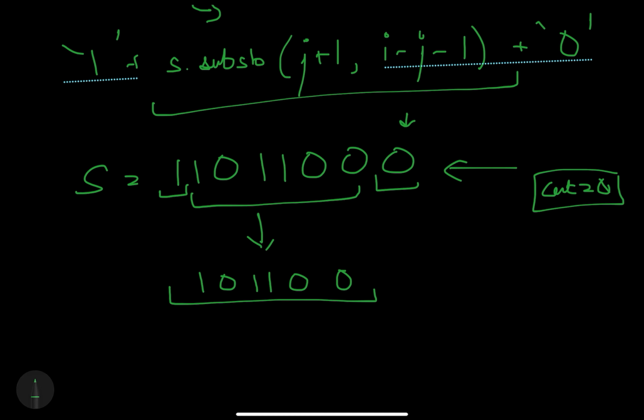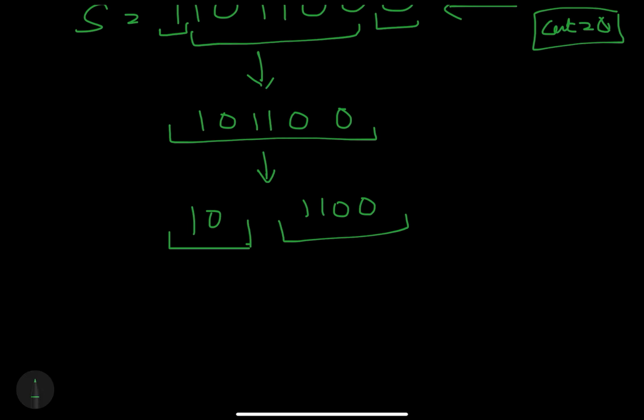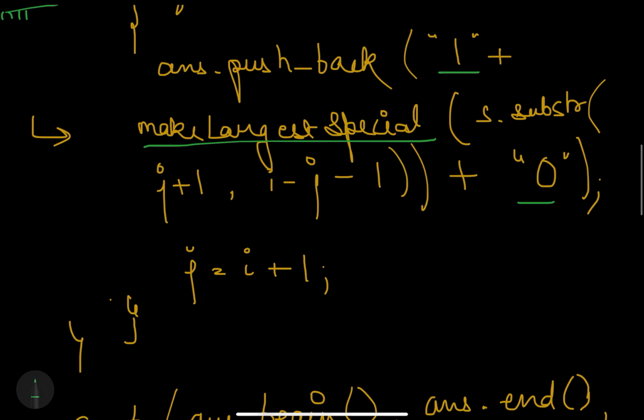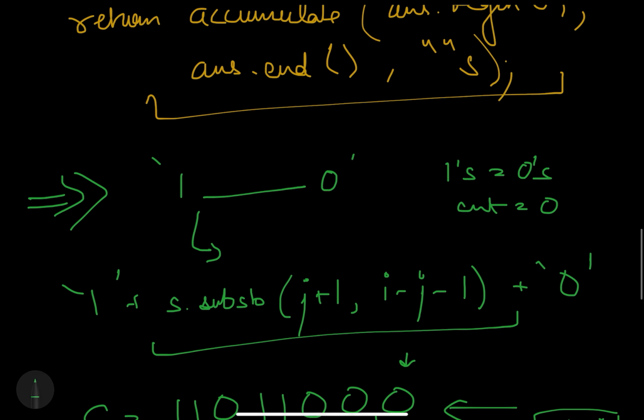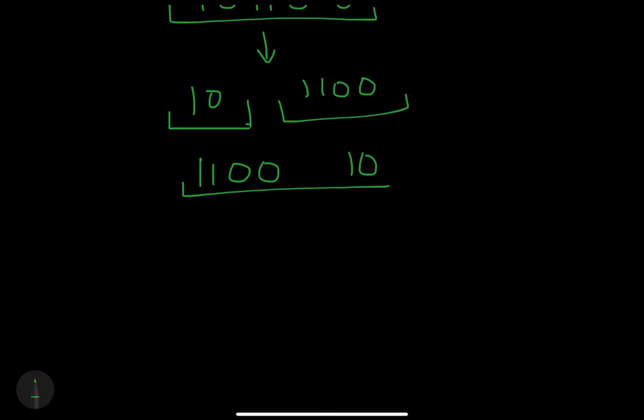Now this will again split into two parts, which are 10 and 110. Got it? Now we'll sort it. After sorting, it will be 110 and 10, because when we call this function, it will go to this point, then it will sort this, and finally it will return this sorted string.